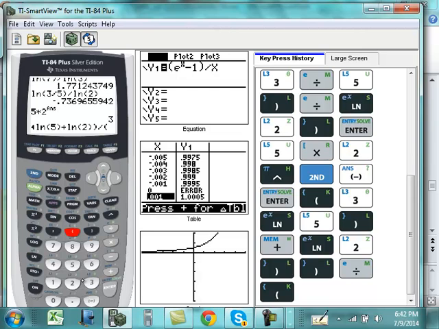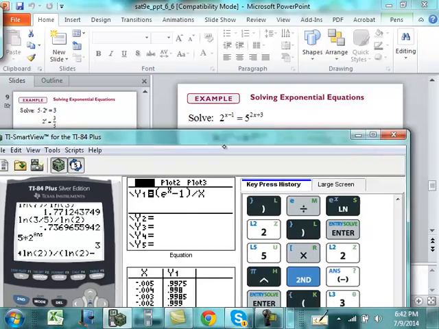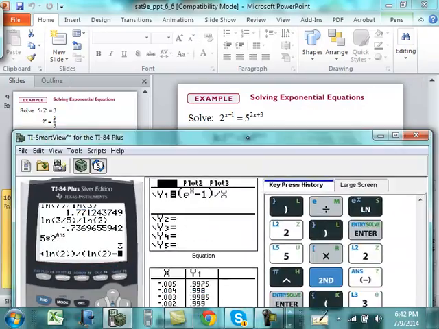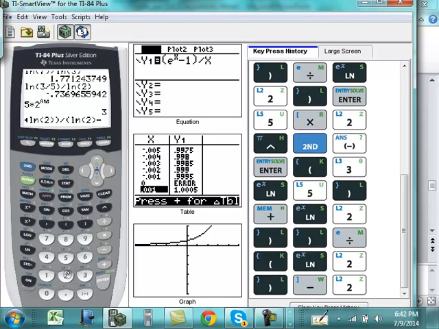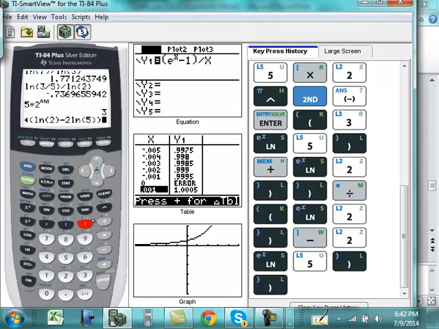Yeah, I'm just inputting that expression into the graphing calculator so you could see the keystrokes. Minus 2 natural log of 5. And then make sure that you enclose the numerator within a pair of parentheses and the denominator in a pair of parentheses.